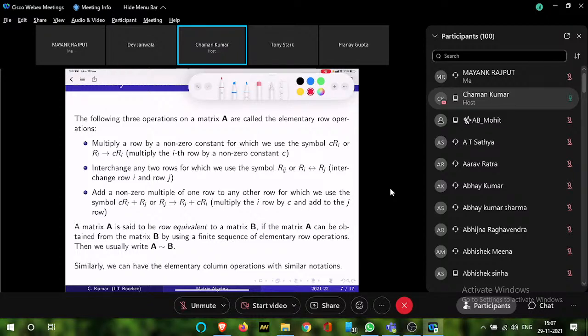So by using the elementary row operations, you get the matrix A, this is row equivalent. By using the column operations, you get matrix A, this is column equivalent. Fine, you do not have to mix. So you do not apply a row operation in one step and a column operation in the next step. This is not allowed.